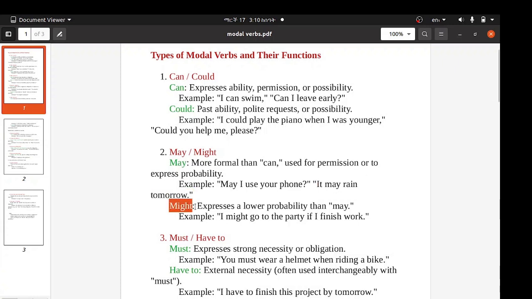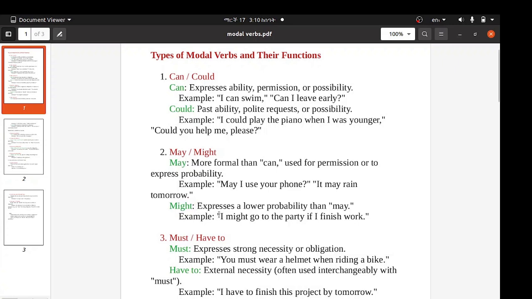Might expresses lower probability than may. May and might express probability, but the extent or percent of probability is different. The percent of probability of may is higher, but might is lower.